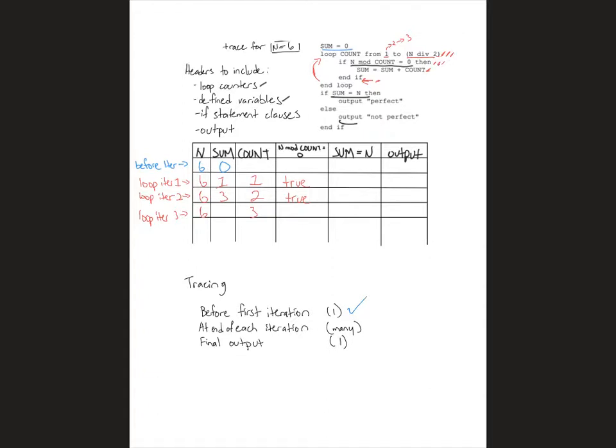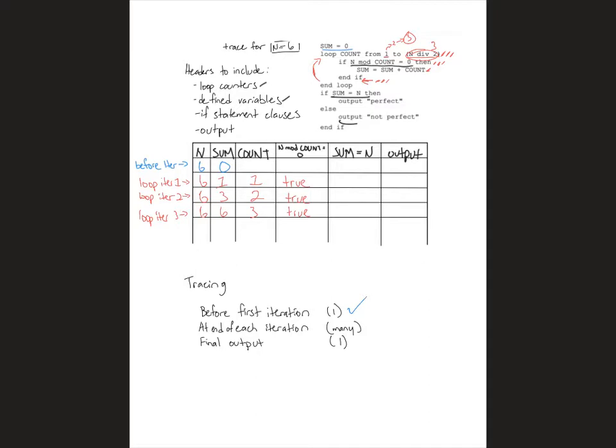Let's go to this one. N mod count, so 6 mod 3 does not have a remainder. Then we do sum plus count. Sum plus count is 6. Make it equal to sum, in this case here. And we are done with the loop. We do not go back because we finished at 3 and n divided by 2 is 3. So we are done with looping.